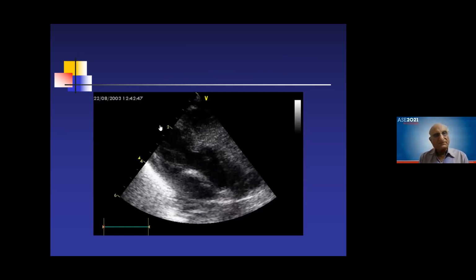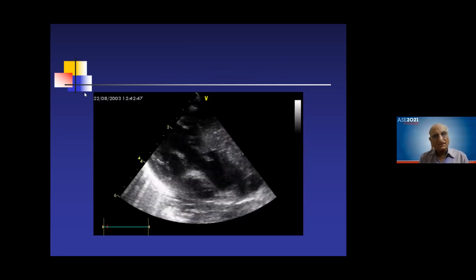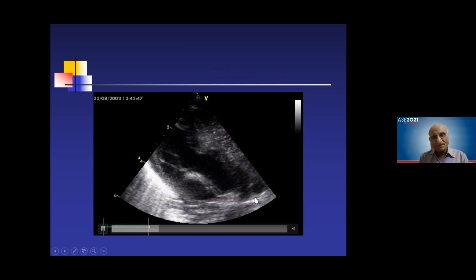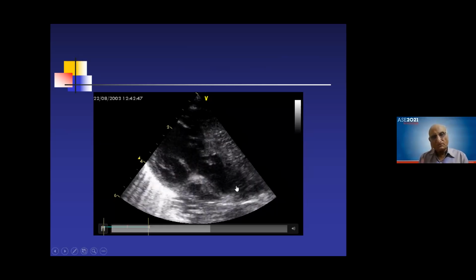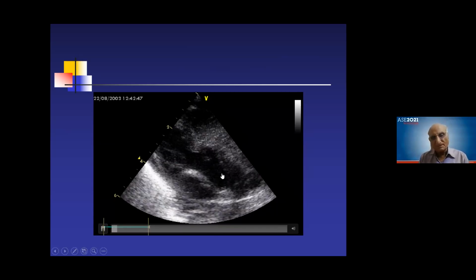Now this is way back in 2003, one of the cases of Dr. Rakesh Gupta. You can see how much they have changed in the last 18 years. You see this patient was so difficult to do. This is the left ventricle, and this is the great artery. We do not know whether this is the aorta or the pulmonary artery, or it may need a modified view.